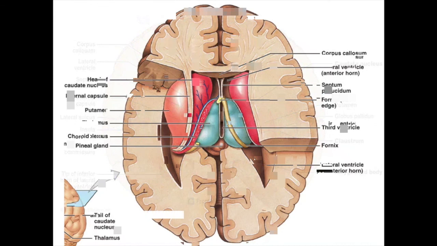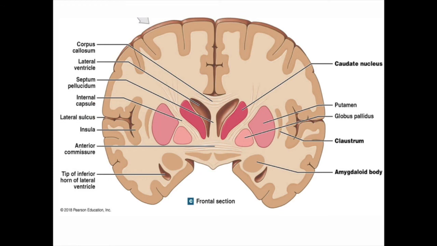So you see the caudate is more medial, and then the lentiform, the putamen and the pallidus, is relatively more lateral. And the pallidus stands for pale. So you look at the representation, and the color is a little bit less gray, or a light gray.